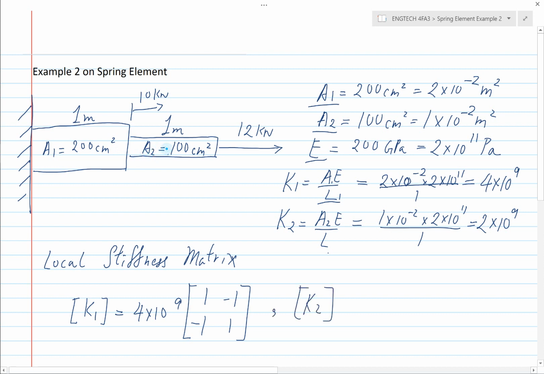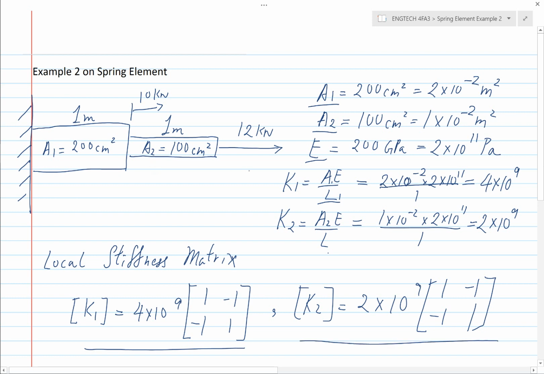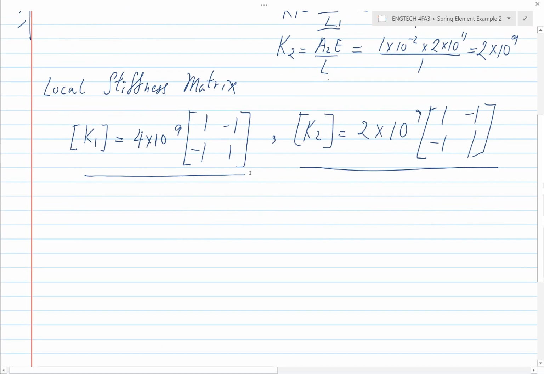K2, okay, nothing fancy. We have one matrix for the first element and another matrix for the second element. Now we can learn how to link them together.